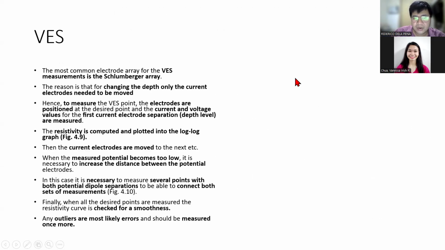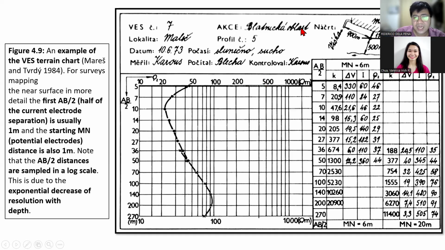The results are usually plotted on a log-log graph, mainly because a logarithmic plot tends to diminish increasingly large values. We use a log-log plot for this survey because as you get deeper and deeper, you are getting coarser and coarser resolution.